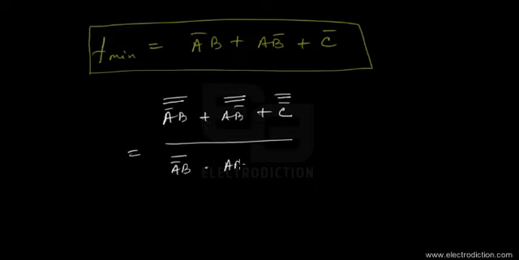And finally this is going to be C. So this is the result in NAND logic. This is the exact type of result that we require, the NAND logic which we desire for our circuit construction.